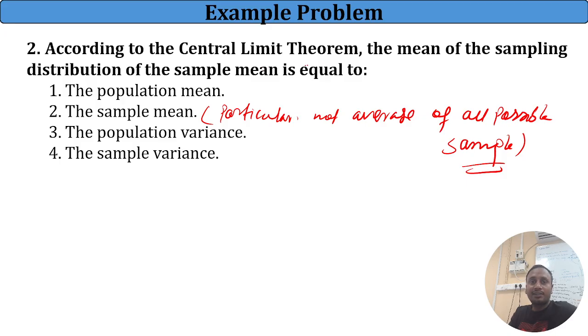So for the central limit theorem, the mean of the sampling distribution of the sample mean is equal to the population mean, not the sample mean. Sample mean tells only about that particular sample, not across all possible samples, but the population mean tells for all samples. The variance is irrelevant because they're asking about the mean, not the variance. I think hopefully it is clear.